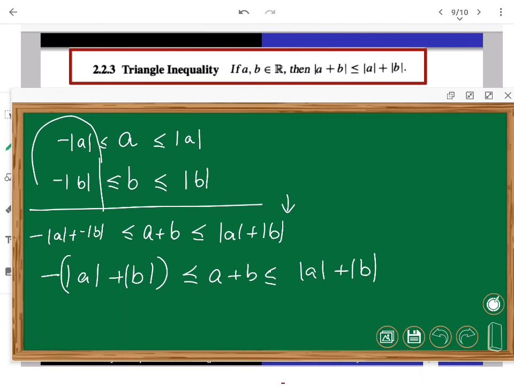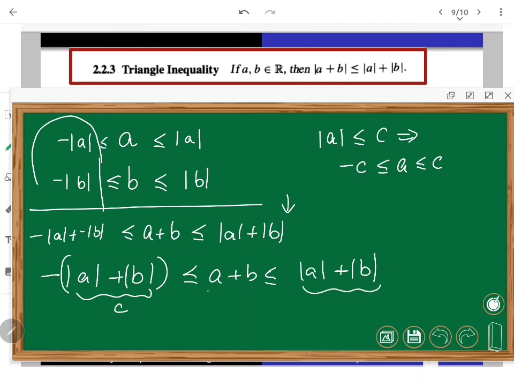I have proved another inequality: for any non-negative real number C, modulus A is less than or equal to C if and only if, equivalently, minus C is less than or equal to A less than or equal to C. So I can use this well. Mod A and mod B are non-negative, so mod A plus mod B is non-negative. I have a C here, then compare it.